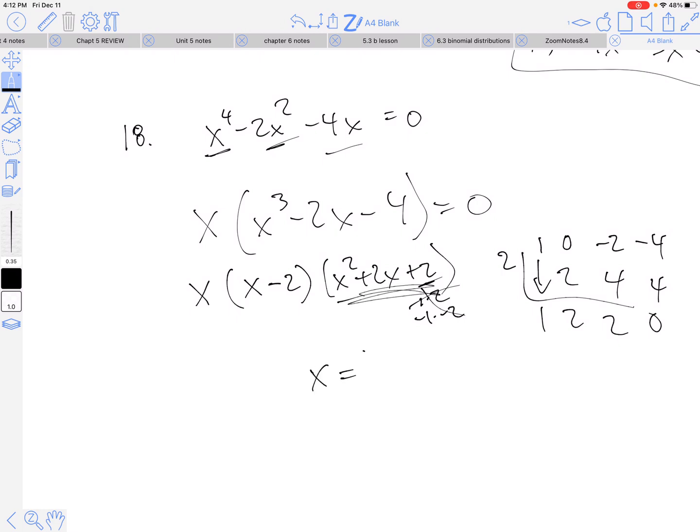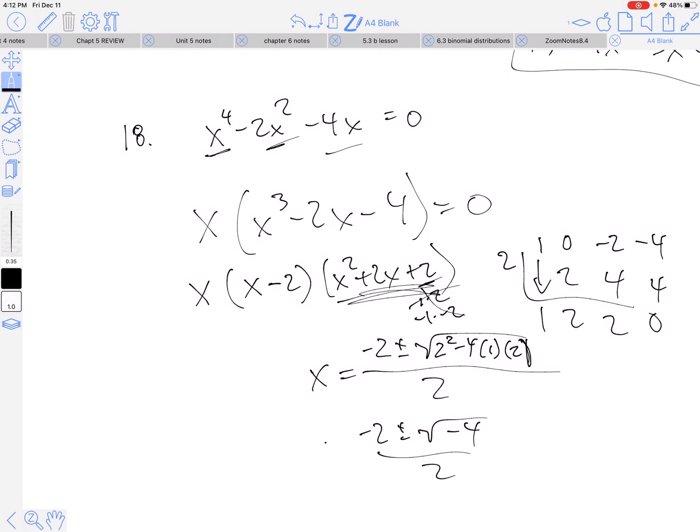So x is equal to negative b plus or minus the square root of b squared minus 4ac all over 2a, which is 1. So I have 4 minus 8, so I have negative 2 plus or minus a square root of negative 4 over 2, which is going to be negative 2 plus or minus 2i over 2.